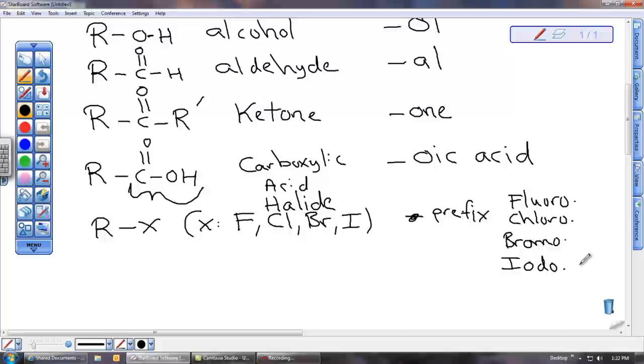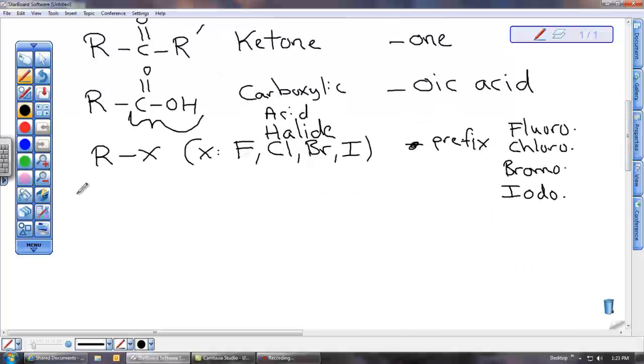Okay, now that's a lot of information. So let's just practice. One of the things you are asked to do in the IB system is name organic compounds. And when you name organic compounds, there are 2 important things.